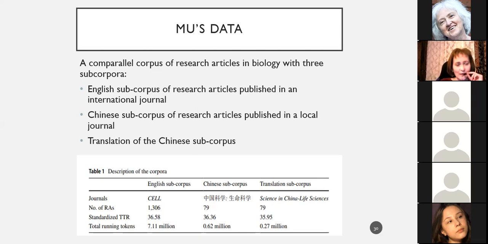And this way, the author could obtain a parallel corpus of research articles. So the original ones in Chinese and their translations in English.